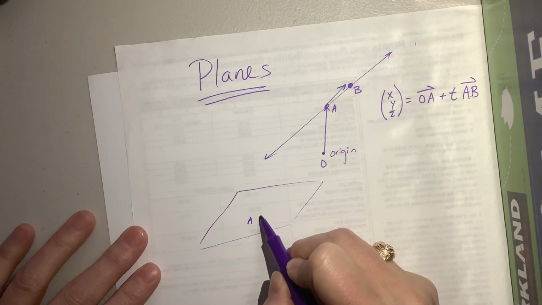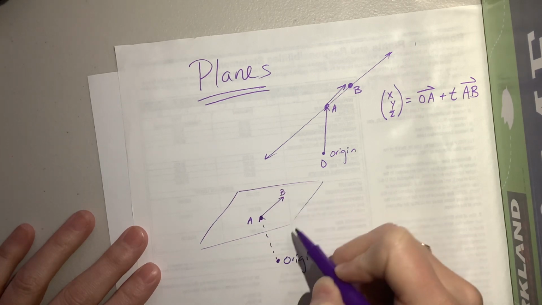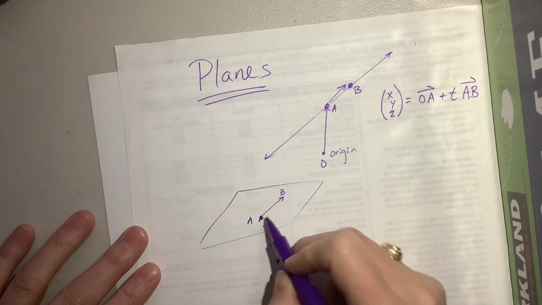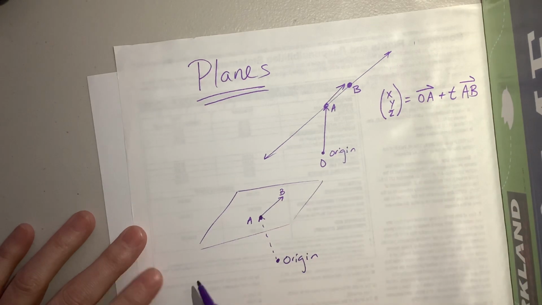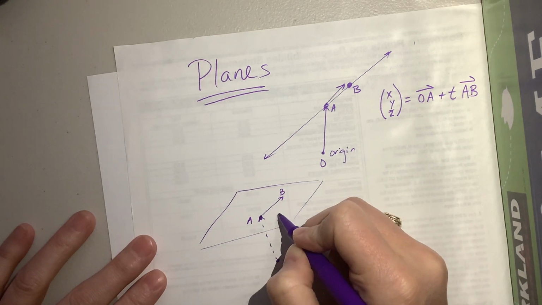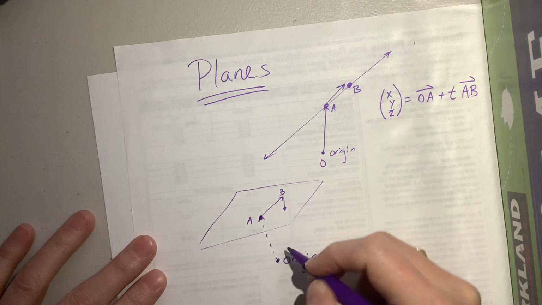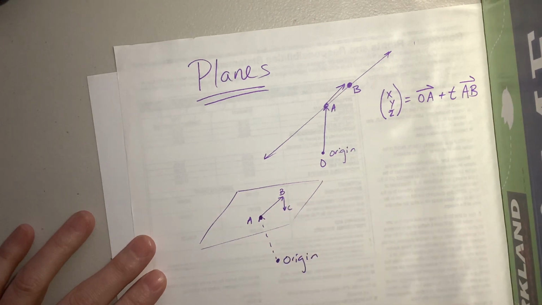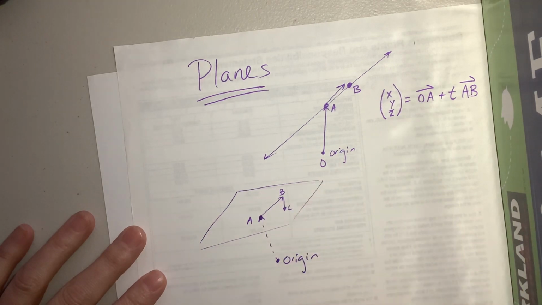And then if I have one direction going, say, this way, and here's the point B, if I multiply that by any scalar, that allows me to move up and down that particular line. But let's say I want to get somewhere over here. Well, what I would need is another vector on the plane. Okay, so say there's the point C. I would need another vector on the plane as long as it's not parallel to the first one.